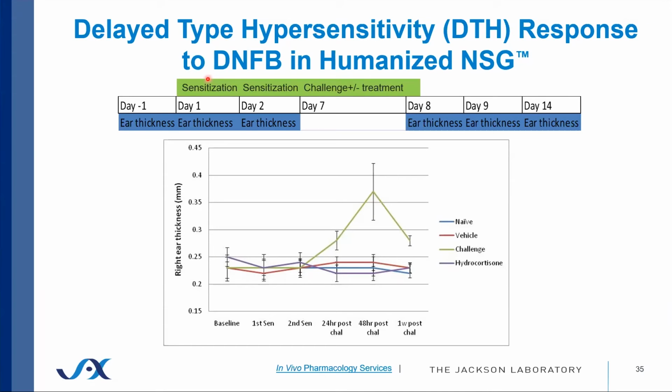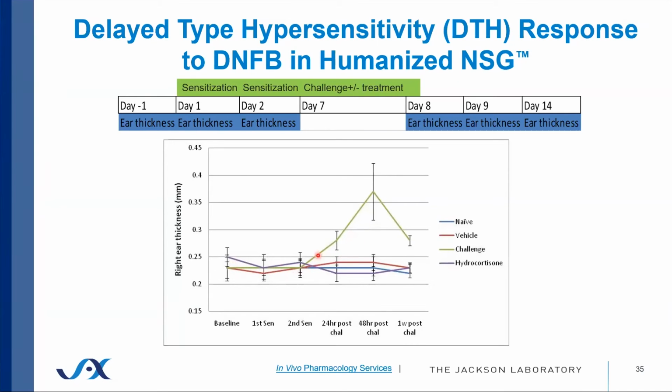And then the sensitized mice, when challenged with the same compound applied topically to the ear at a later time point, display an inflammatory phenotype, and that has been shown to depend on functional T cells. And the readout for this is ear thickness, with a thicker ear indicating swelling in response to this delayed type hypersensitivity. So this graph shows the ear thickness in different groups of mice.